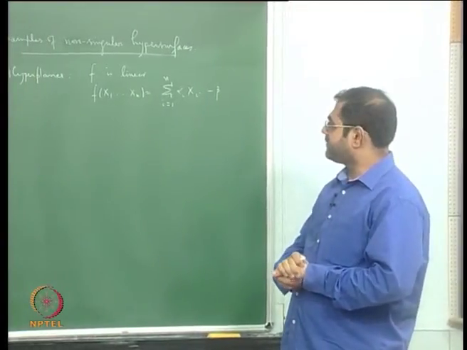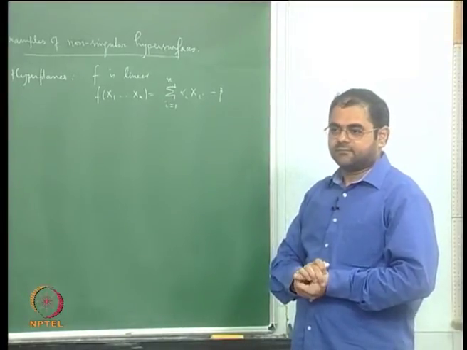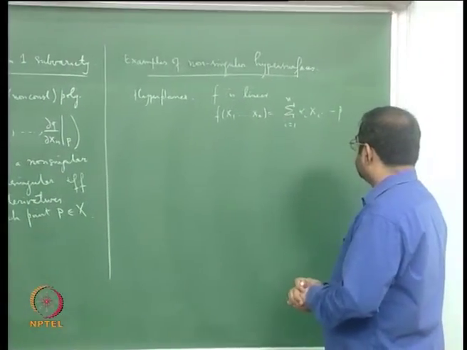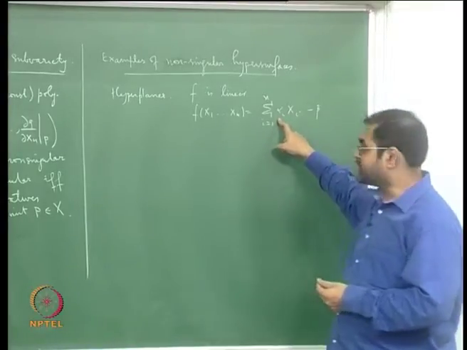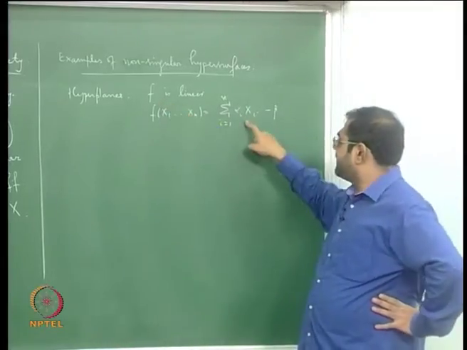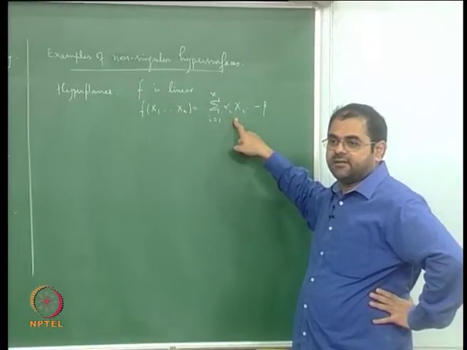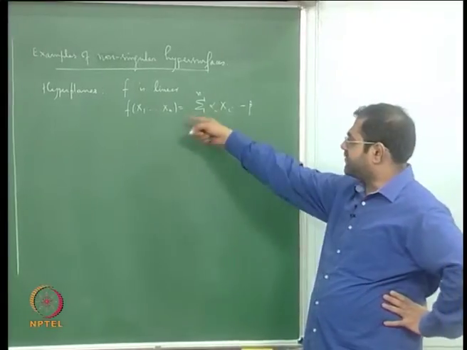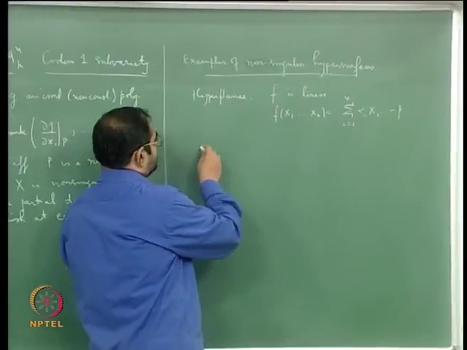I really want a linear polynomial which is not the zero polynomial, or a constant polynomial. So at least one of the alpha i's survives, is non-zero. If a certain alpha j survives, then if I take the partial derivative of f with respect to xj, I will get alpha j which is not 0. So that will never vanish at any point on this hyperplane. So these hyperplanes are non-singular.